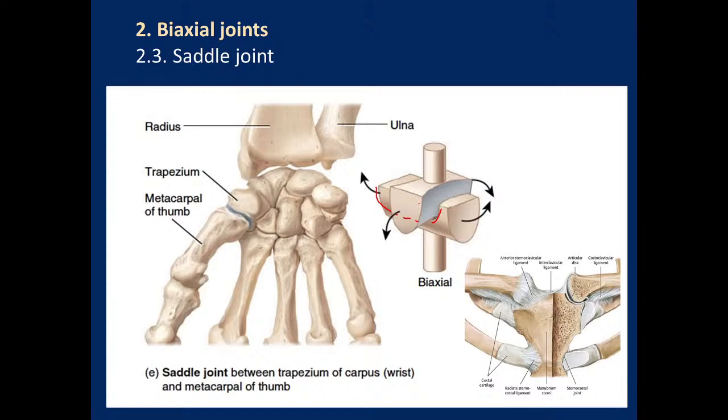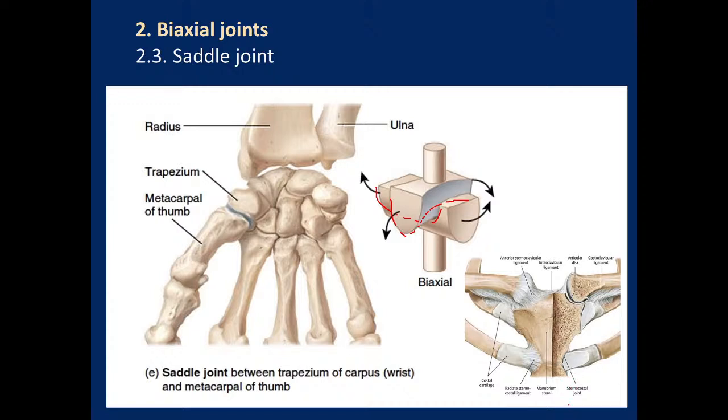It is like a cowboy seat, and it is very similar. The movements at the saddle joints are the same as those in the ellipsoid joints: biaxial flexion, extension, and abduction, adduction plus limited circumduction.